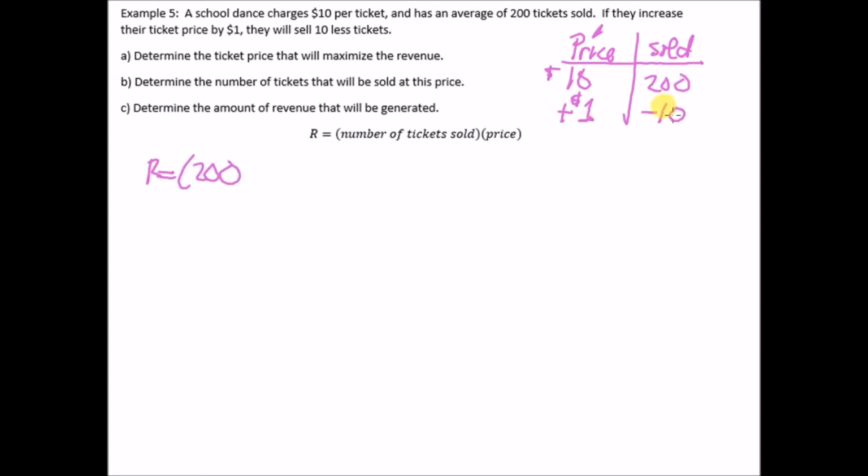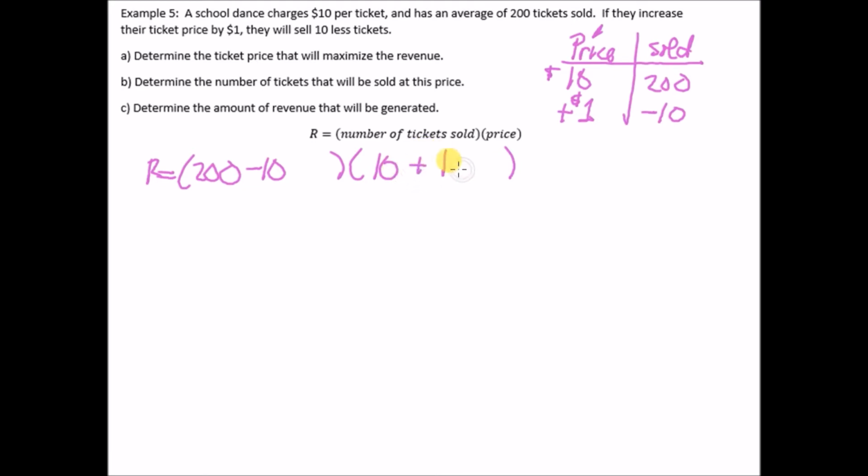But every time the price increases, the number sold is going to decrease by 10. I'm going to leave a little gap there for a second. And then the price is $10, and they're going to increase it by $1. We need a variable because we're not just increasing it one time, we're increasing it x times.